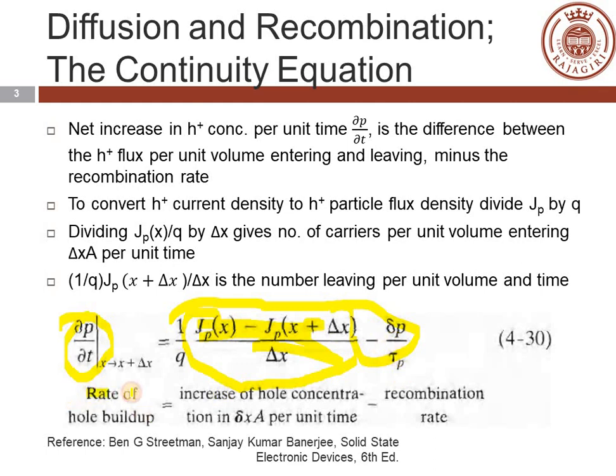Once again, the rate of hole buildup is equal to the increase of hole concentration in delta x A per unit time minus the recombination rate.